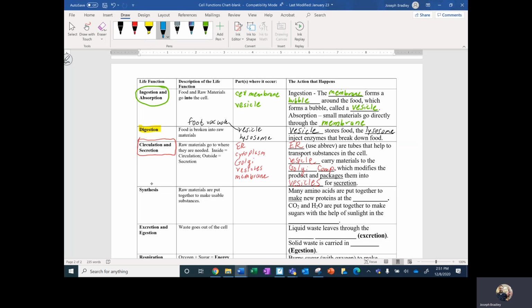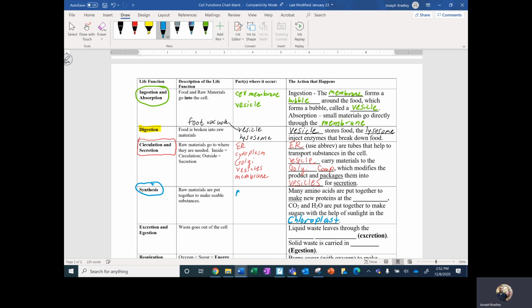Synthesis is the one I believe we put in blue. So raw materials are put together to make usable substances. Now, the picture that we drew was a picture of an animal cell, but there's also plant cells, and plant cells do a specific type of synthesis called photosynthesis, and they do that in the chloroplast.